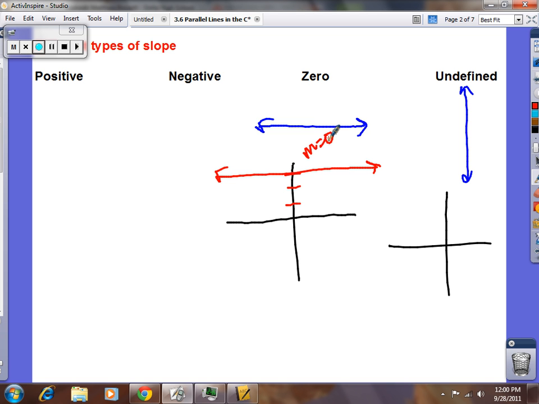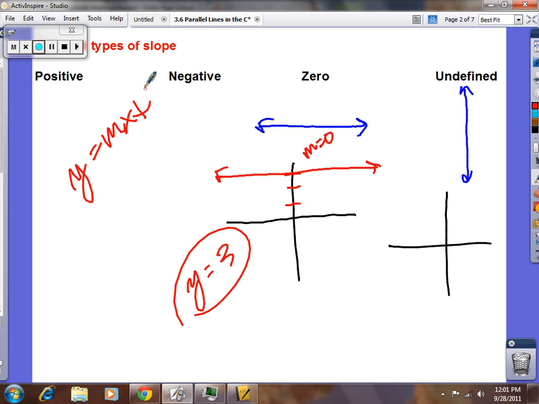This is what I want you to memorize, the equation. Your equation is y equals 3. It's pretty easy. Jordan, if you ever have an equation that just has one variable, most of your equations are going to be y equals mx plus b. Most of your equations are going to have a y and an x. They're going to have both letters.